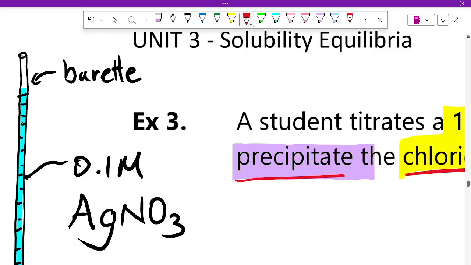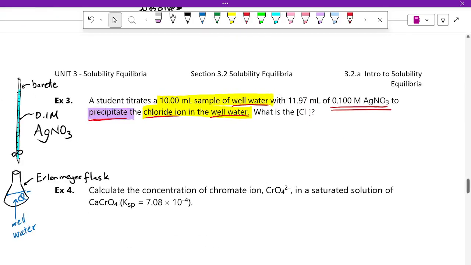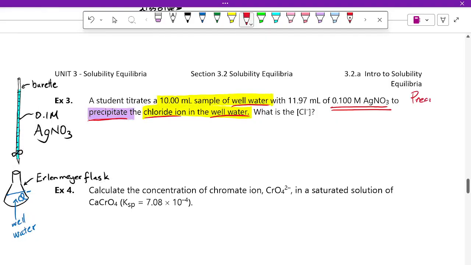Yes. We're looking to precipitate. So this is going to be a precipitation equation.